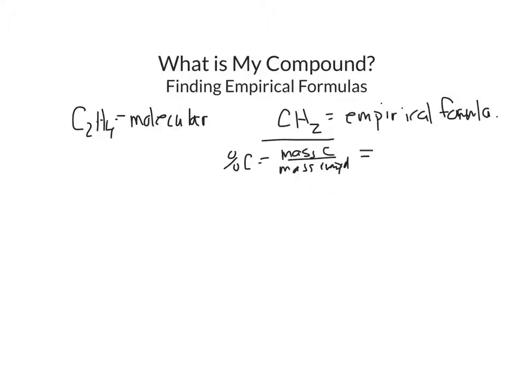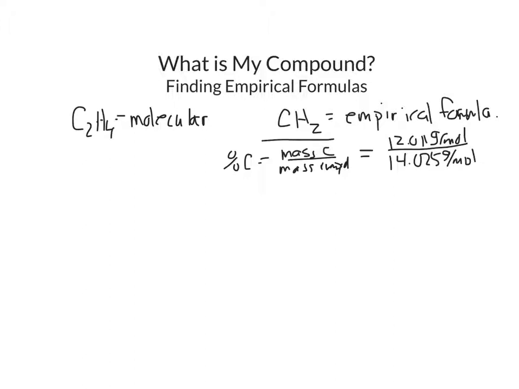There's one carbon in this empirical formula, so 12.011 grams per mole is the mass of carbon, and it's combined with 2 hydrogens, and so carbon plus 2 hydrogens gives me 14.025 grams per mole for the whole empirical formula per mole.